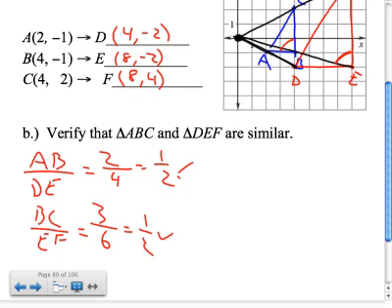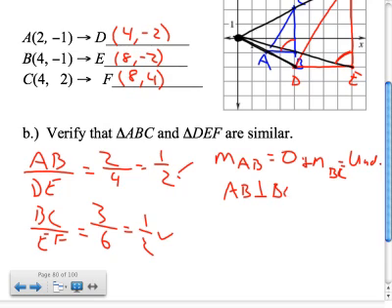Because here's what I know. I know that the slope of AB is 0, and I know that the slope of BC is undefined. And so what that tells me is that AB is perpendicular to BC. Therefore, angle B is 90 degrees. I can also use the same argument in the bigger triangle.